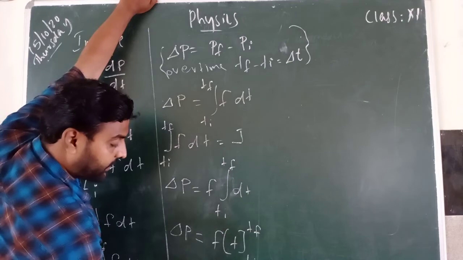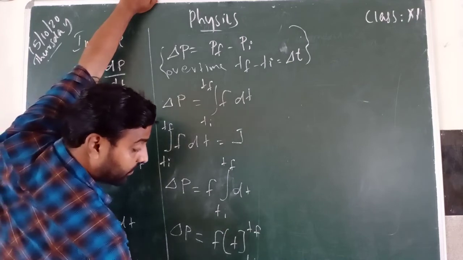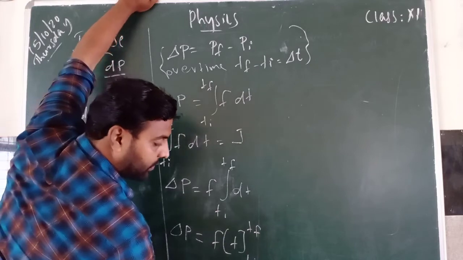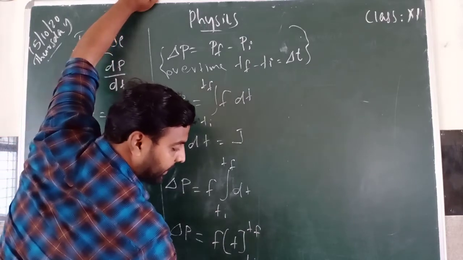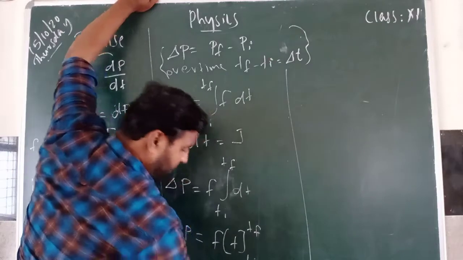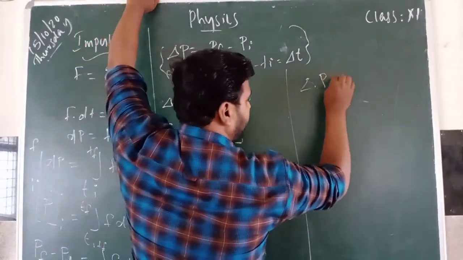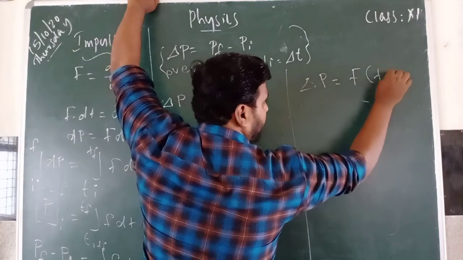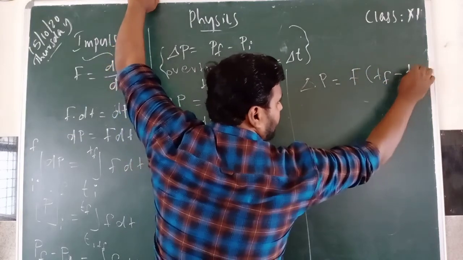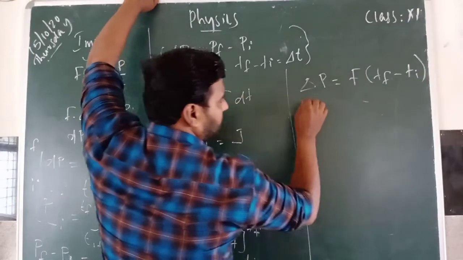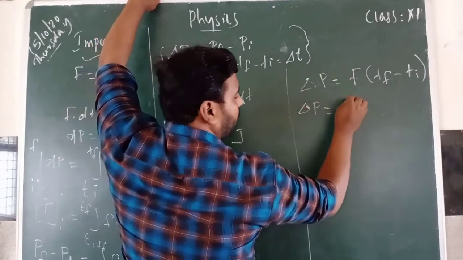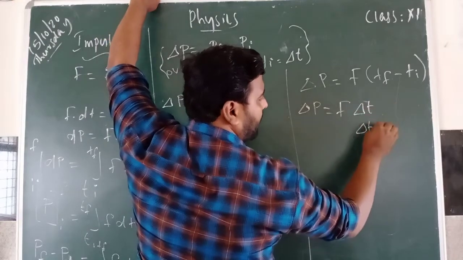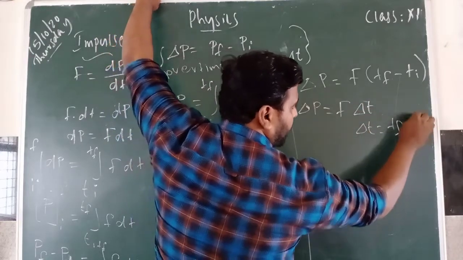Apply the limits, upper limit Tf minus lower limit Ti. So delta P is equal to F delta T. Delta T means what? Tf minus Ti.